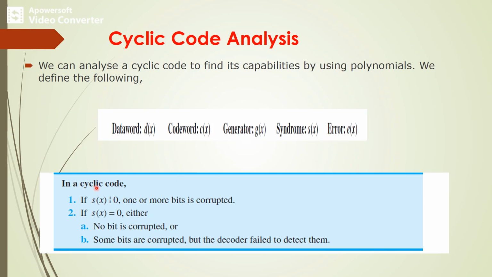In the case of cyclic code, if the syndrome is not equal to 0, one or more bits are corrupted. If s of x is equal to 0, either no bit is corrupted, or some bits are corrupted but the decoder failed to detect those corrupted bits.